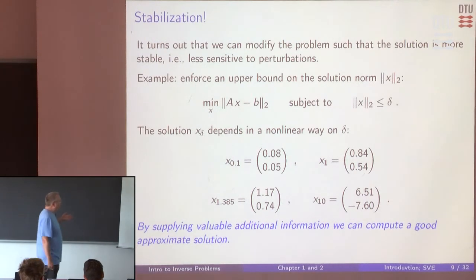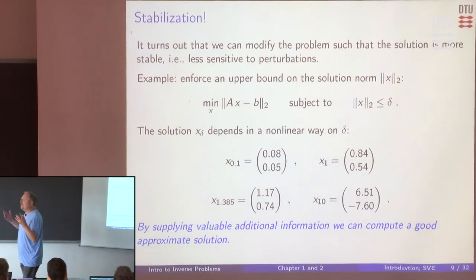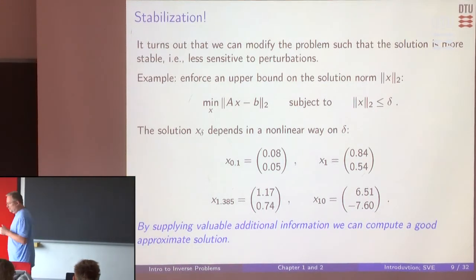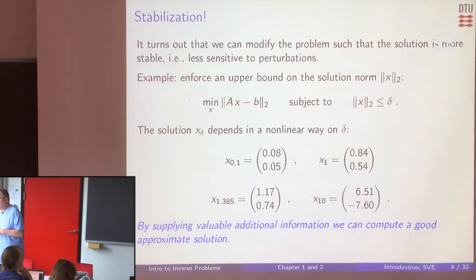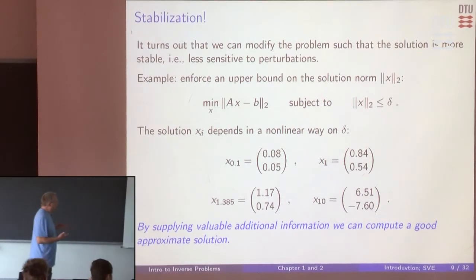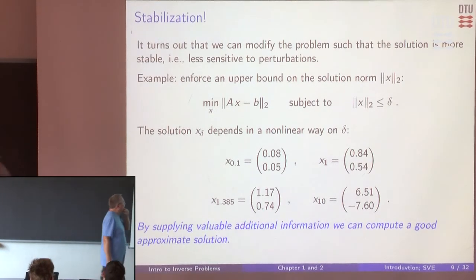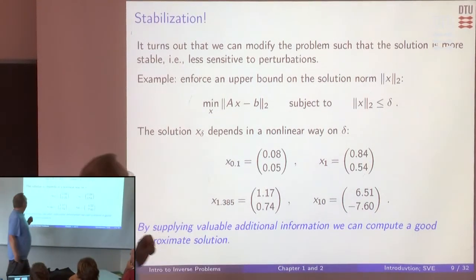So I know that the norm of my solution shouldn't be too big. It should maybe be of the order between 1 and 2. Maybe the underlying physics told me that I can never have a reasonable x with a larger norm than delta. So here, delta in this formulation.